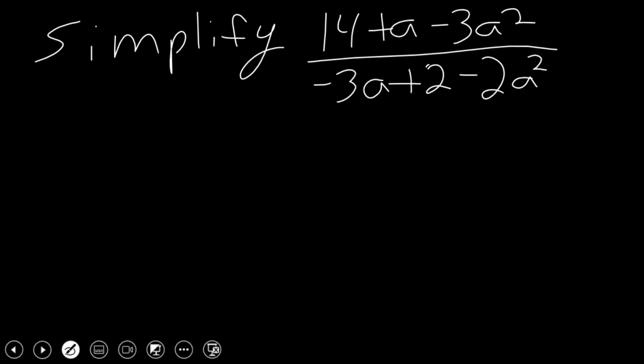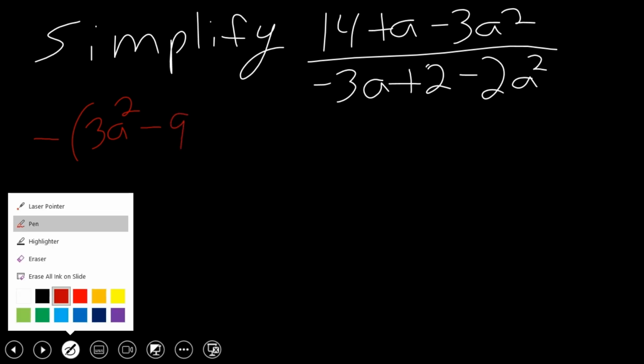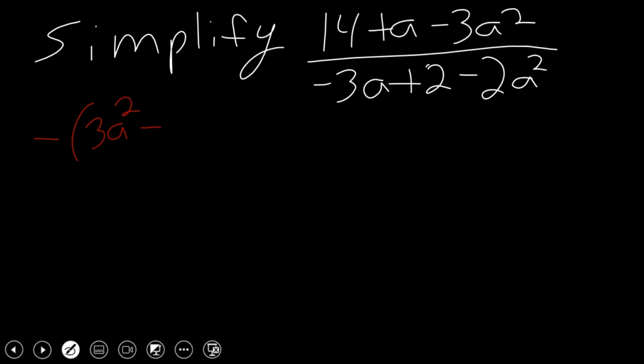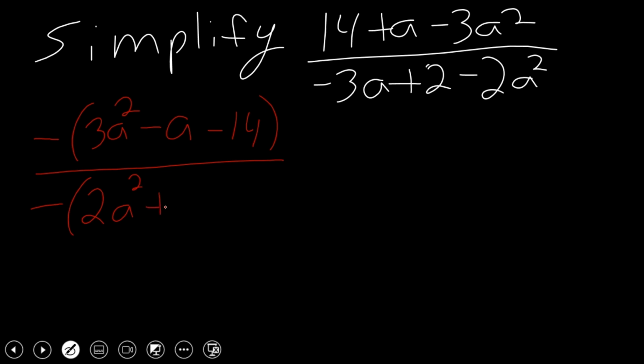And so we're going to go ahead, and we already know that's going to be a negative 3a squared minus a, whoops, that looks like a 9, minus a minus 14 over negative 2a squared plus 3a minus 2. Now, we can factor these out.